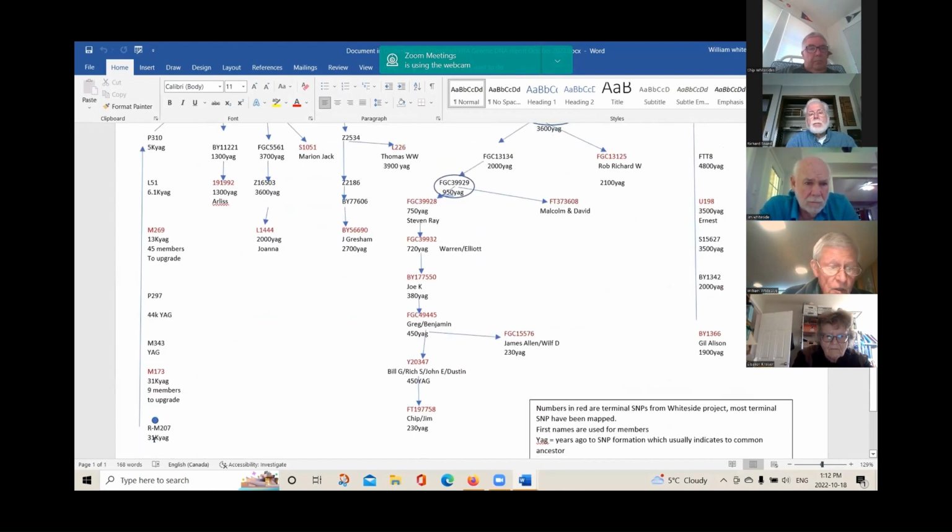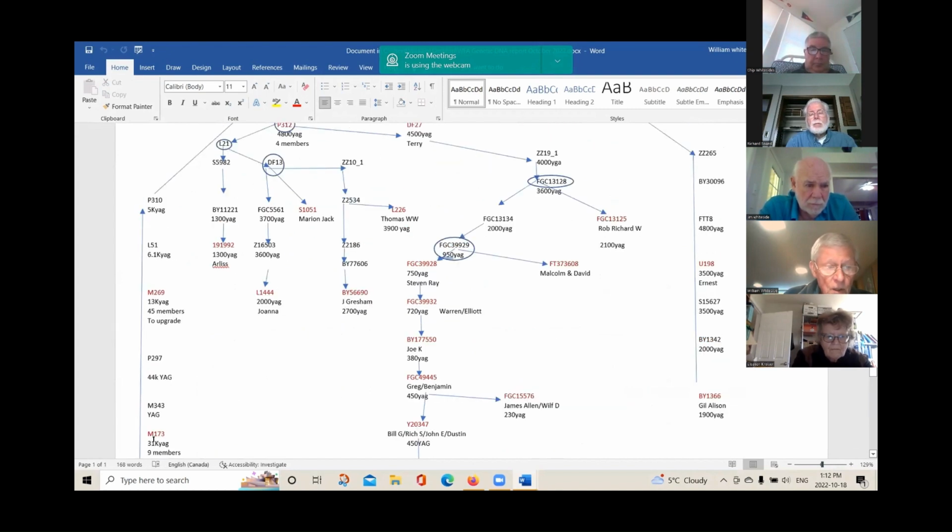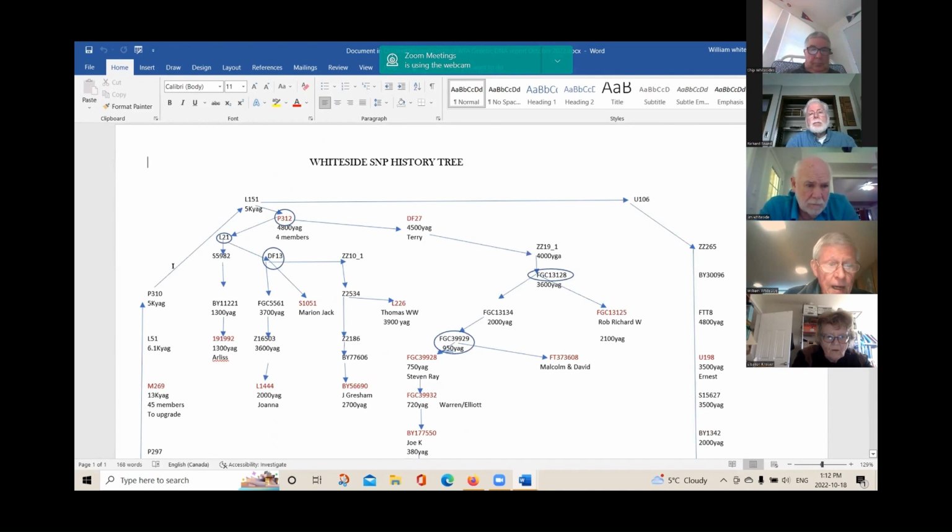So it starts down here, 31,000 years ago, comes up the line, and importantly is the P312 group, where there are branches, and comes down to Arliss, who is an L21.